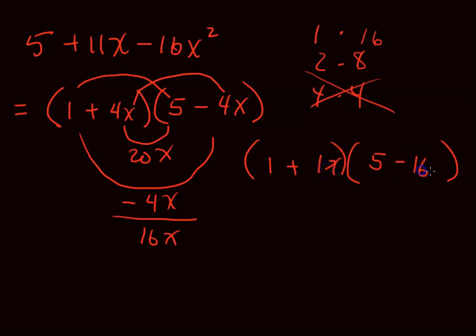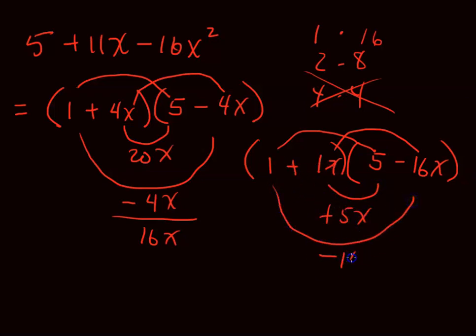And the 16x here, then I still get the 5. Still get the negative 16x squared. Here's a positive 5x. And then here is a negative 16x, which gives me a negative 11x.